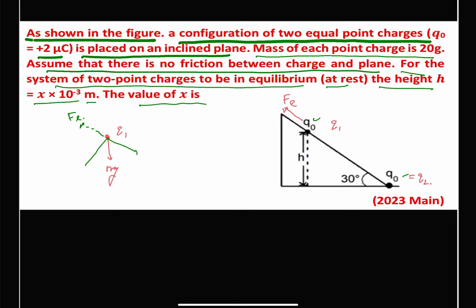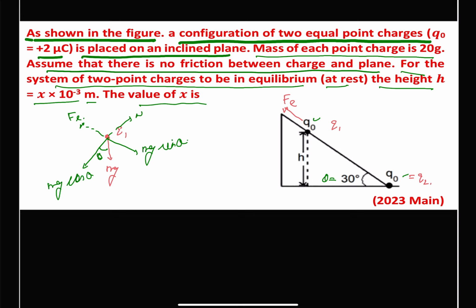So the angle is, let us suppose, theta, which is 30 degrees, and this will be mg cos theta, and here will be mg sine theta. As this is in equilibrium, we can say mg sine theta should be equal to Fe. There will also be a normal force acting on it, something like this, but that is not required.